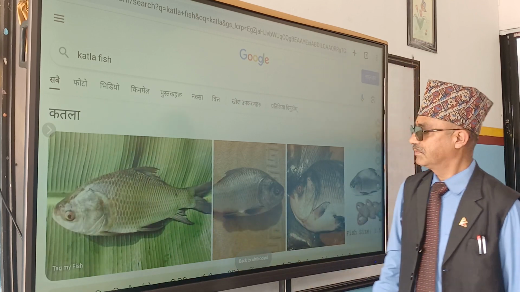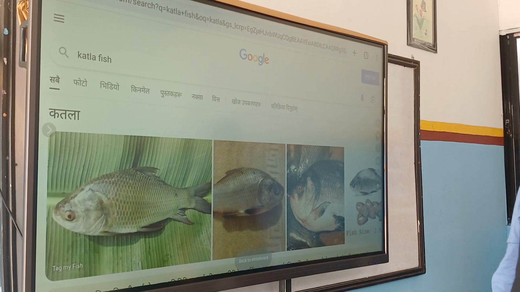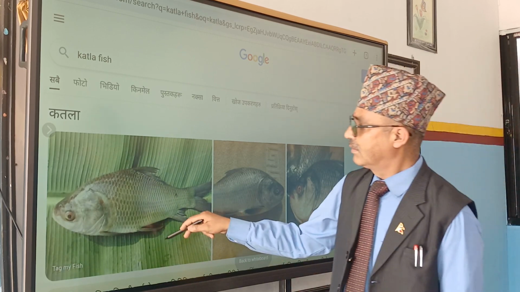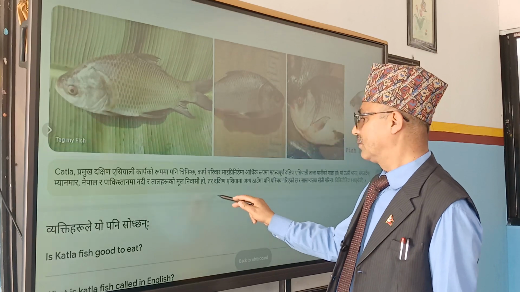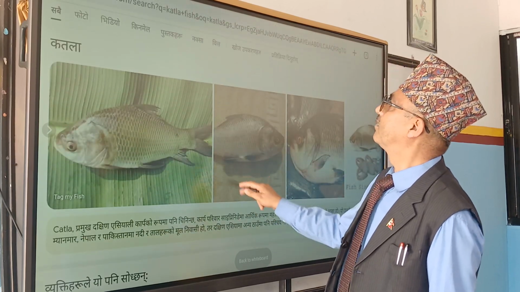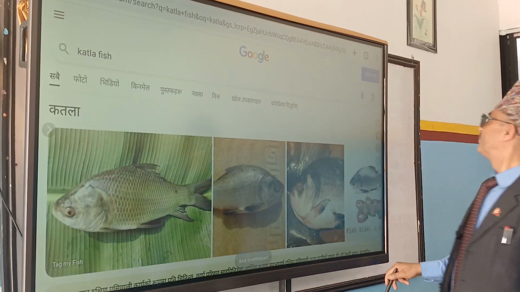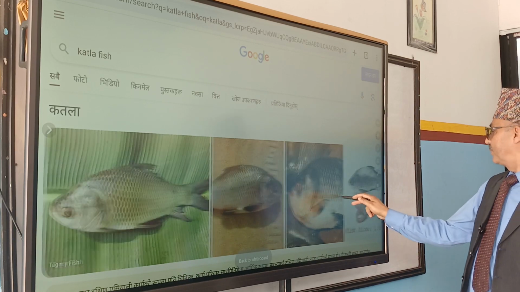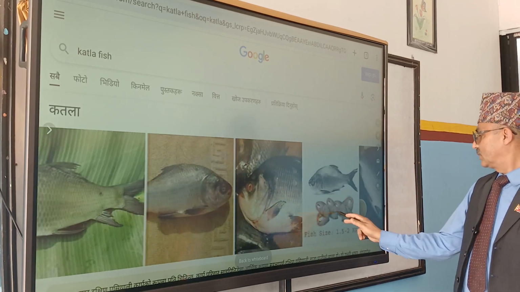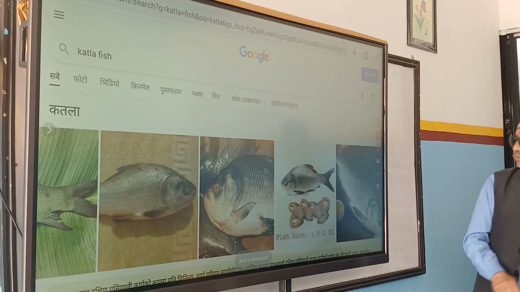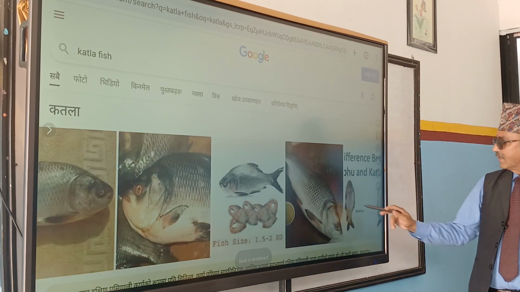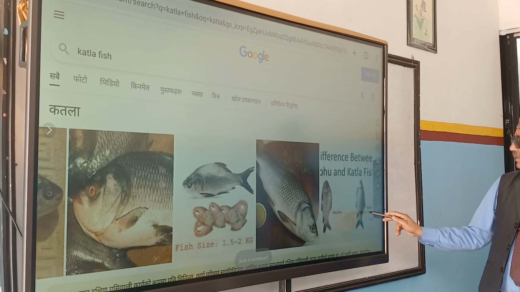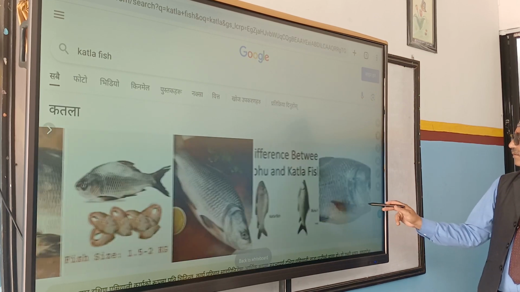This is Katla fish. Wow. Okay. So what is the size? 1.5 to 2 kg. Katla fish. Yeah, different color fish are there.